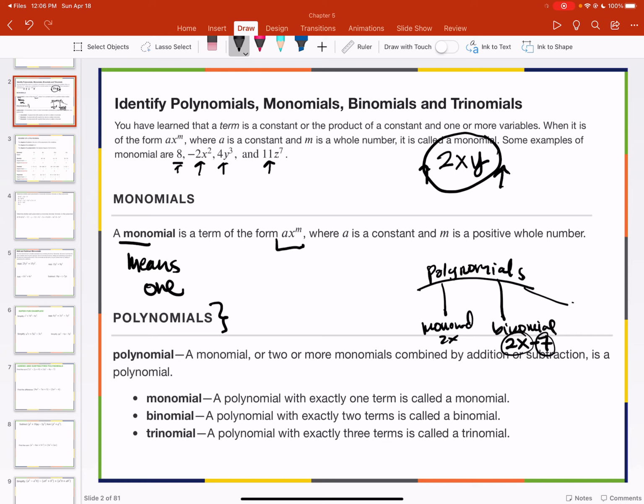Trinomial, 3x squared plus 5x plus 7. So you see how it's 1, 2, 3 terms. The number of terms can affect the name. We only really use monomial, binomial, trinomial, and after that, any more terms, we just say polynomial. That's just the way it goes.